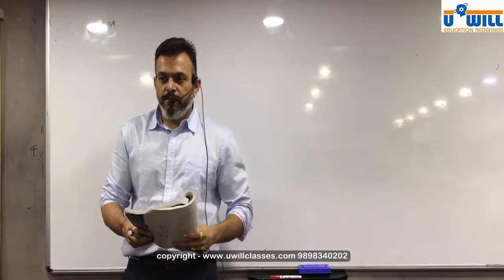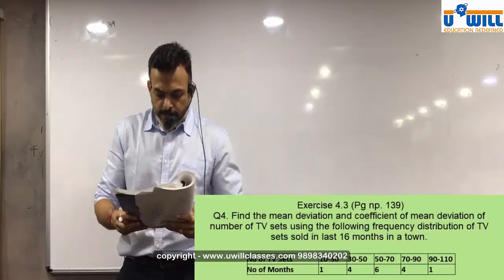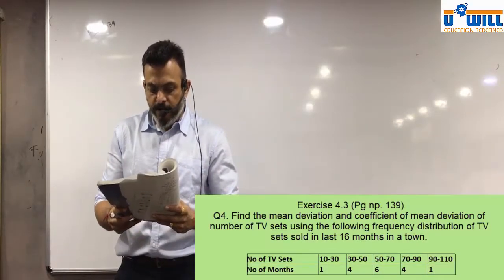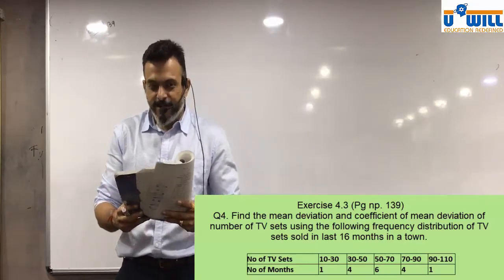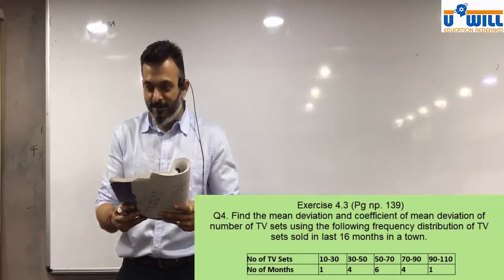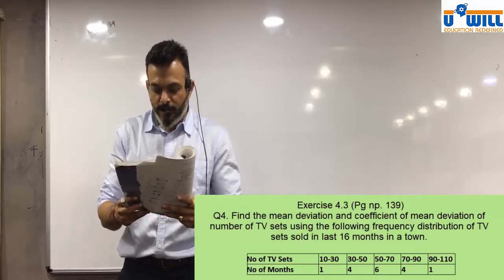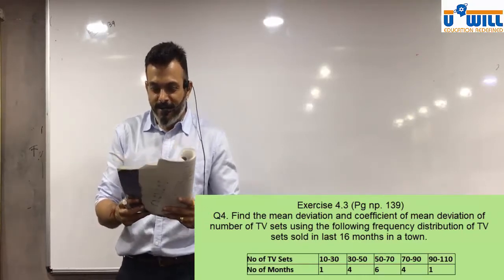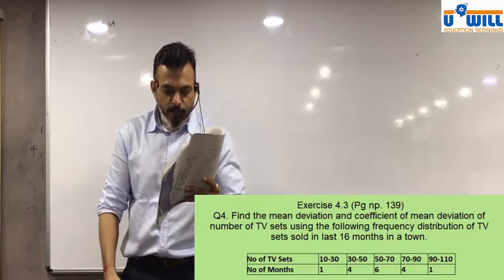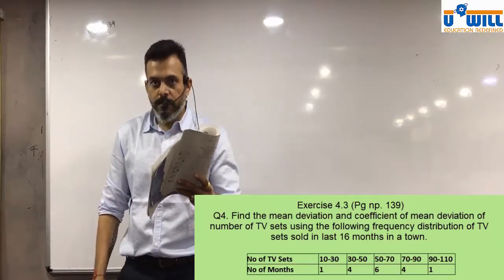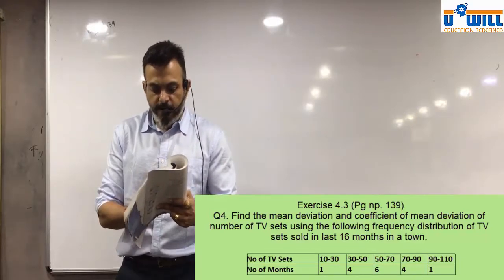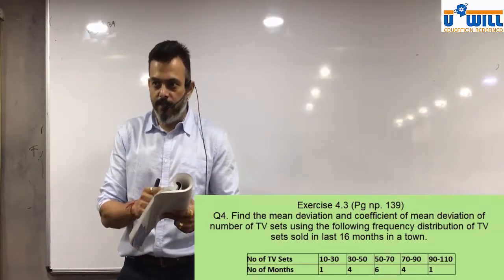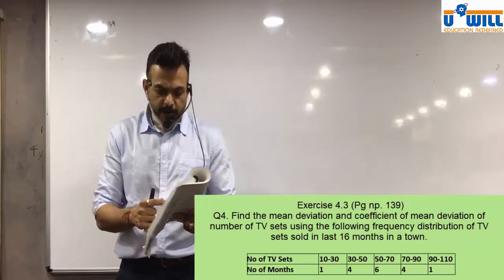Come to question number 4, page number 139. Find the mean deviation and the coefficient of mean deviation of number of TV sets using the following frequency distribution of TV sets sold in last 16 months in a town. Now, what type of data is this? Continuous. So, over here we have class, we have frequency. So, we'll write class, then mid value, and then the frequency.